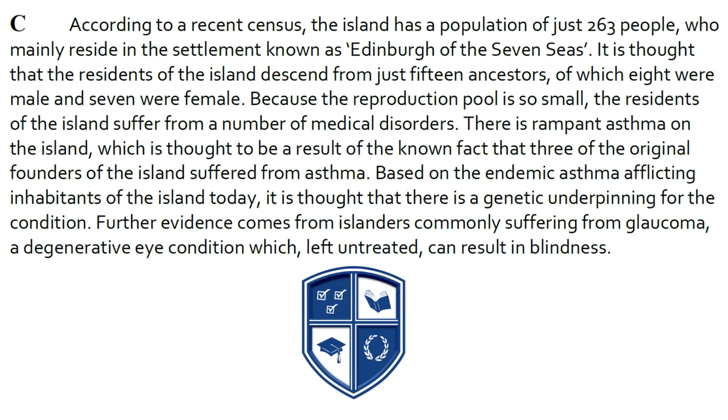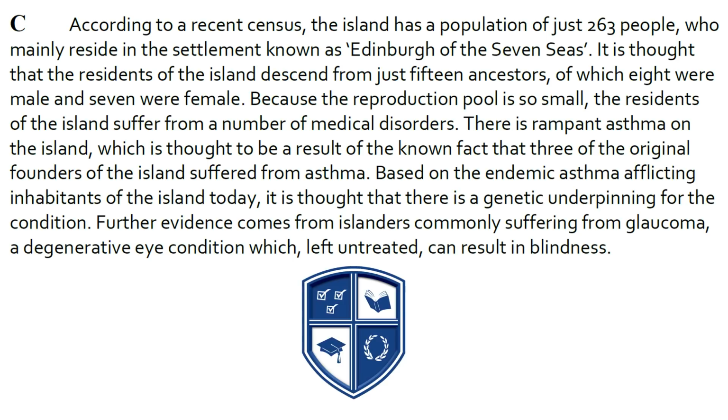Because the reproduction pool is so small, the residents of the island suffer from a number of medical disorders. There is rampant asthma on the island, which is thought to be a result of the known fact that 3 of the original founders of the island suffered from asthma. Based on the endemic asthma afflicting inhabitants of the island today, it is thought that there is a genetic underpinning for the condition.